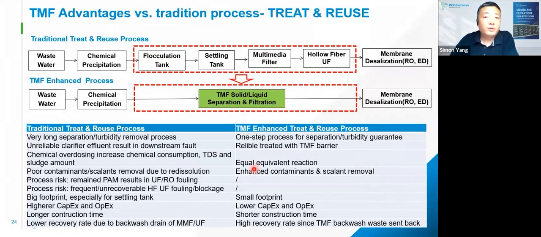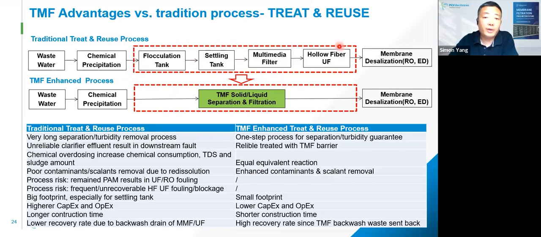But mostly regarding wastewater reclaim systems, the advantages of TMF are more obvious. Look at this block flow. A typical wastewater reclaim system is a very long process. After the precipitation stage, we'll need a flocculation tank to form flocs, then a settling tank for solid-liquid separation for sludge sedimentation, and settling tank treated water is normally not clear enough, not good enough for membrane desalination.